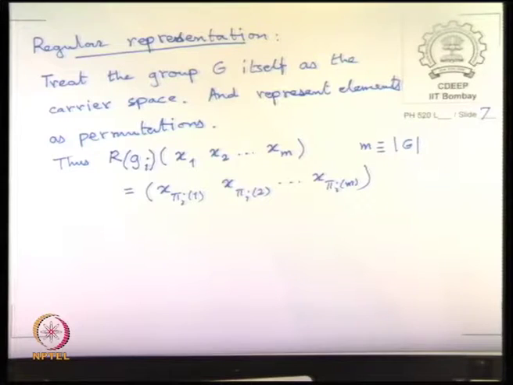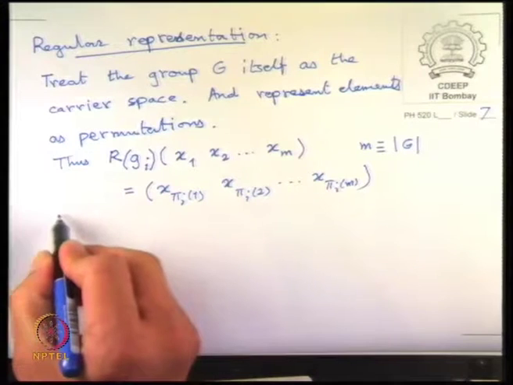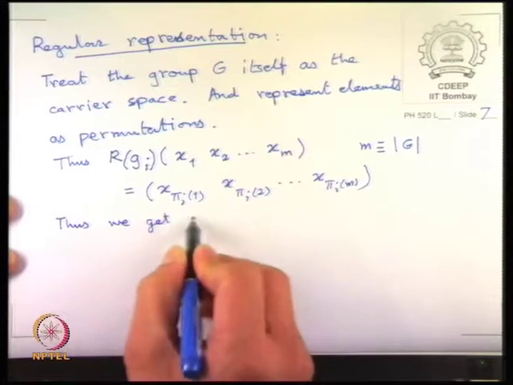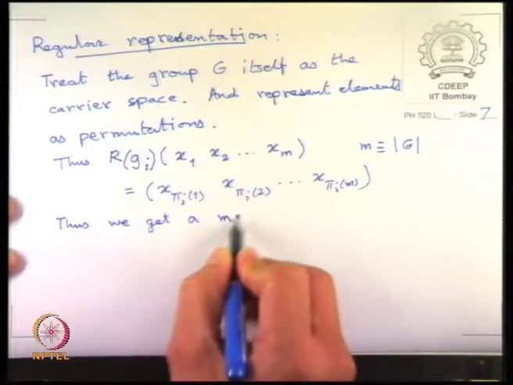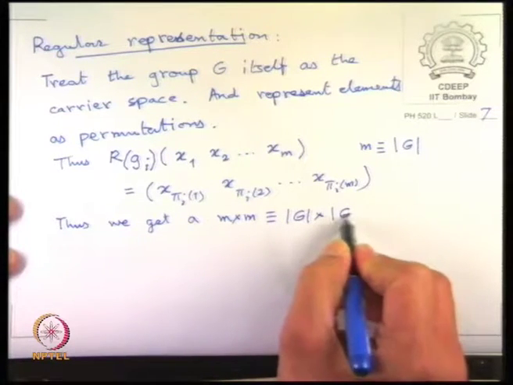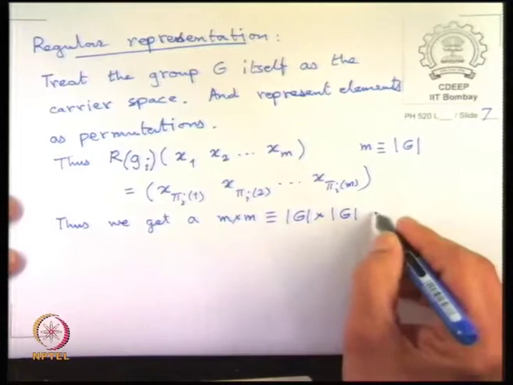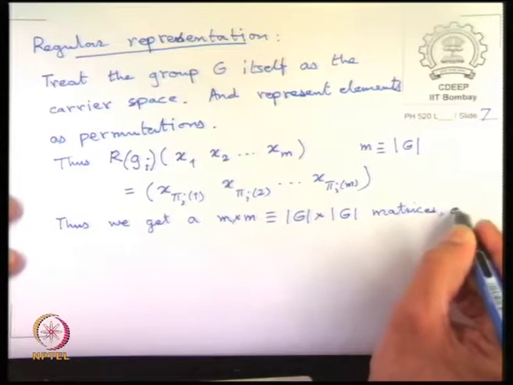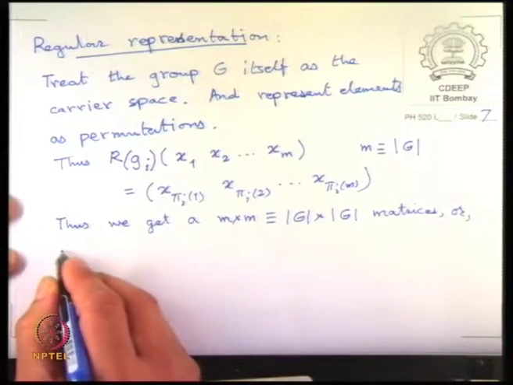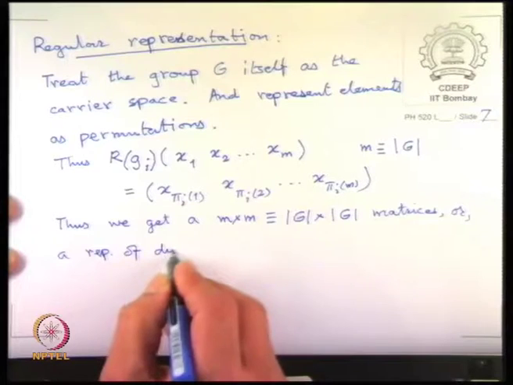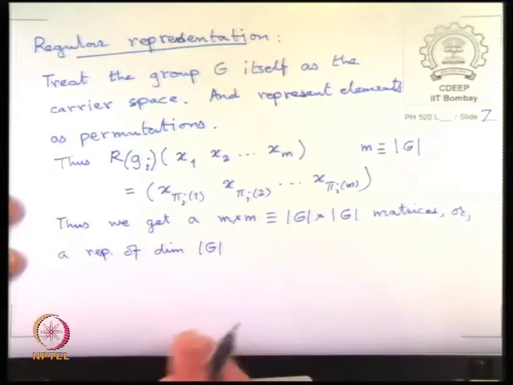And what happens in such a representation is that thus we get m by m, which is same as, just not to get lost, size of G by G matrices, or a representation of dimension G. We don't write the G cross G, right?